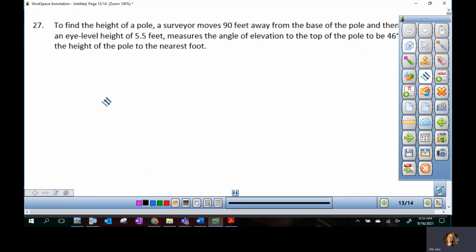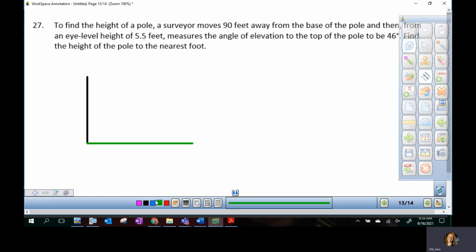Let's sketch out what's happening. So we have a pole. Here's the ground. There is a surveyor standing over here. Little dude. Guess I should give him legs. Okay. And a head, probably.